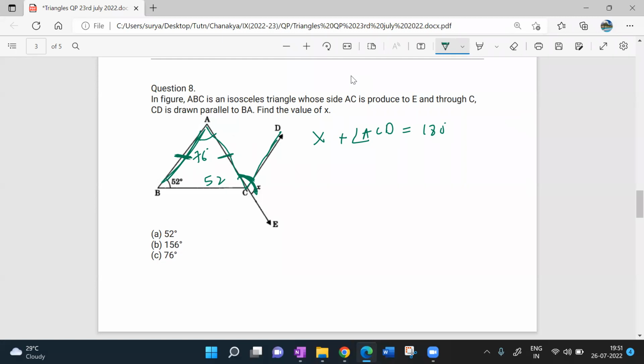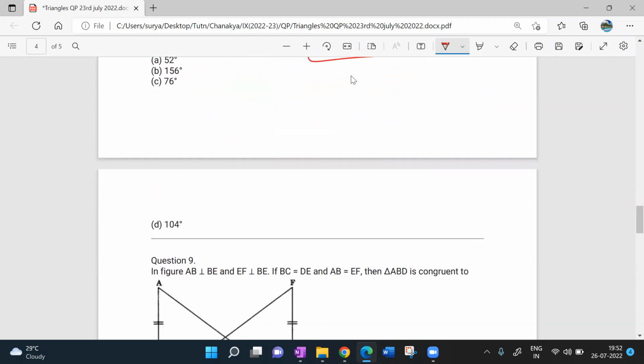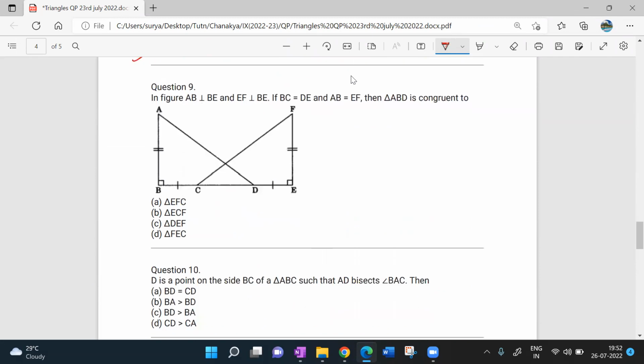Sir, 76, because it's the alternate interior angle to ACD. So this X is 76, beta, this is 76, alternate interior angle. All right, so X plus 76 is equal to 180 degrees. Where is the answer option? Option D is correct. All right, next question.